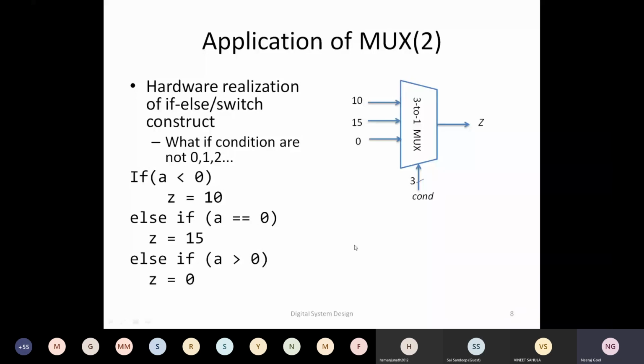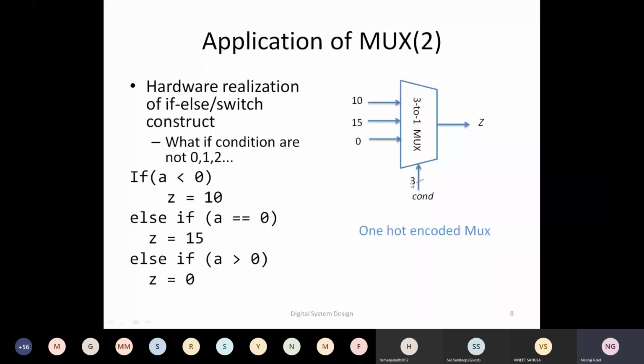Here I'm using a 3:1 multiplexer, where the number of bits in the condition is also 3. It is not a regular multiplexer, but we call it a one-hot encoded multiplexer. Here, of the 3 condition bits, only one bit is true at one time.